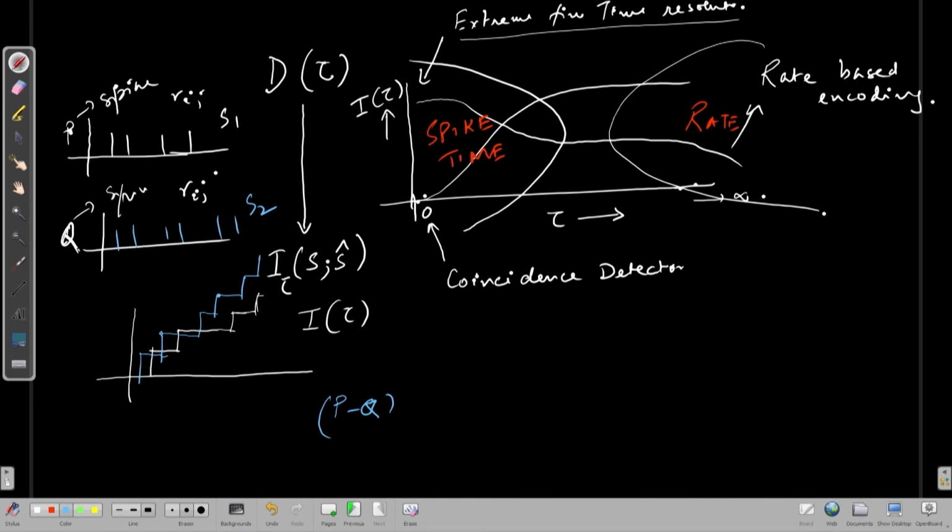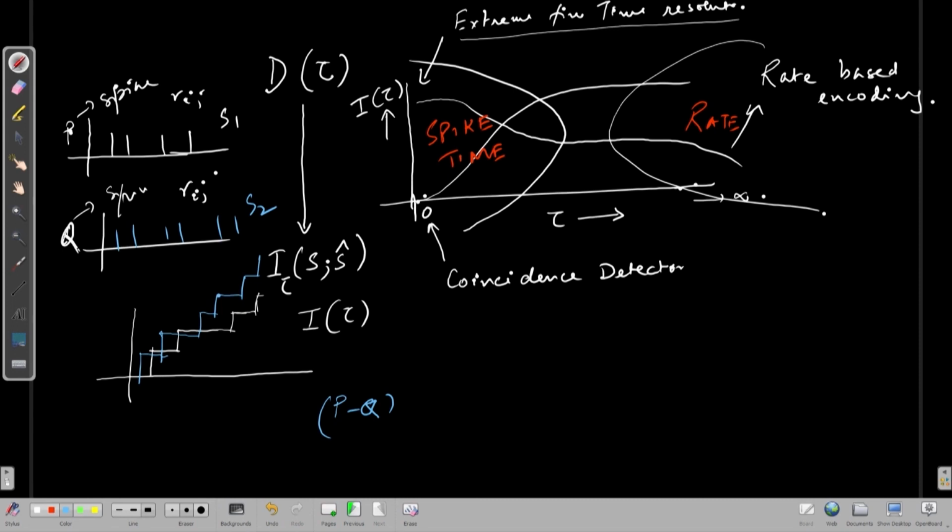Each of the spikes contributes equally to the distance. So this is one of the ways in which we can quantify discrimination and quantify dependence between stimulus and response using a biologically plausible mechanism of decoding.